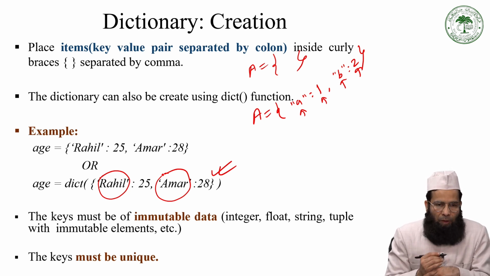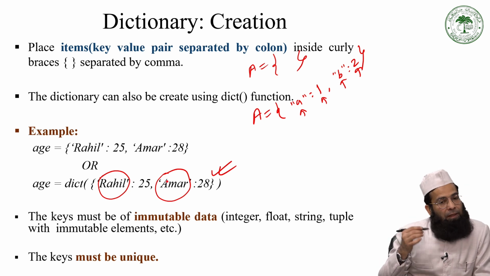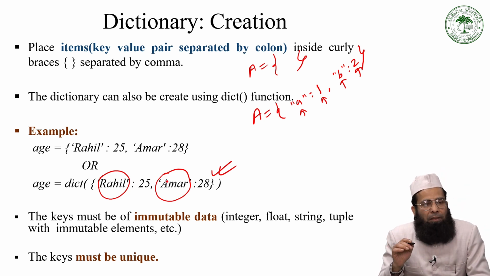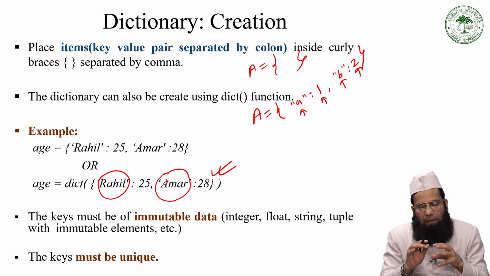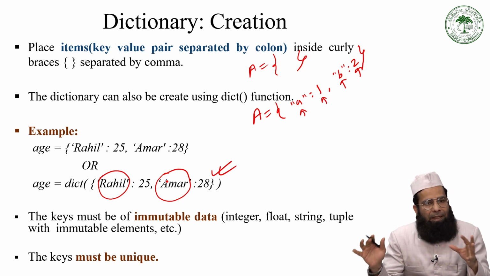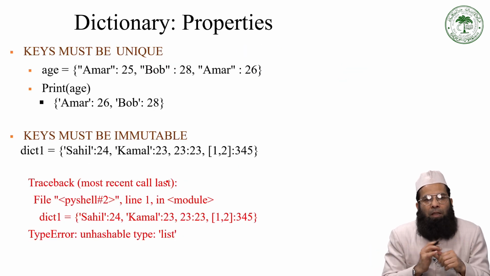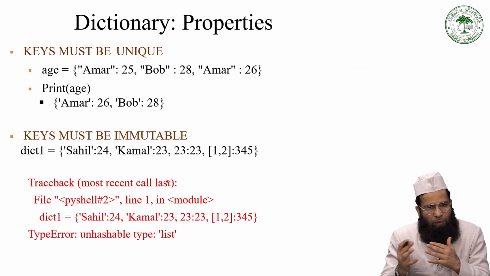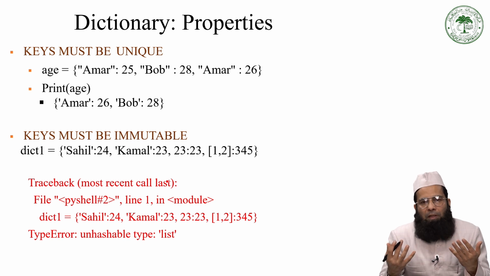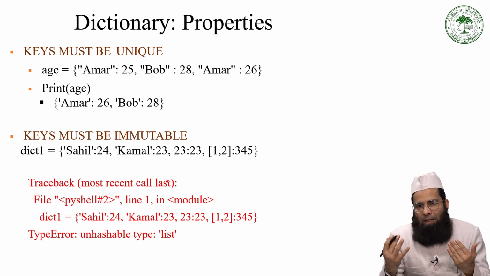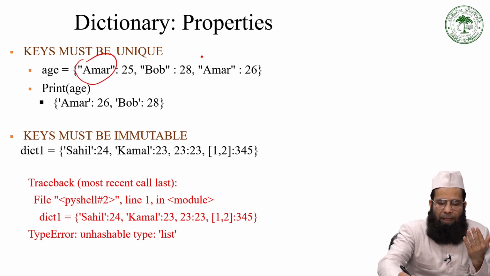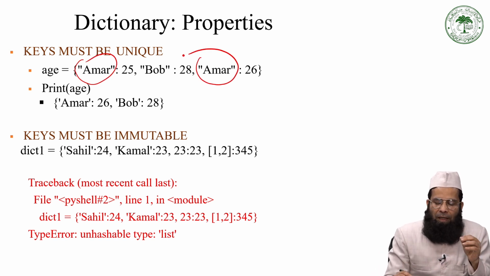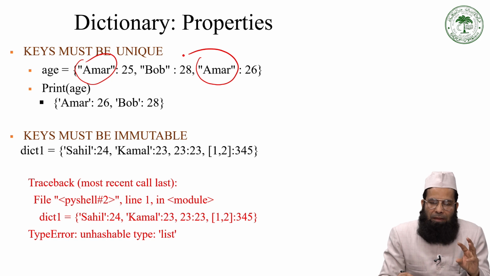The keys must be unique. Although you can enter duplicate values, internally a dictionary would not store those. The dictionary will just discard the duplicate items. Like in this case, I have used duplicate keys, but finally you will get the non-duplicate values.